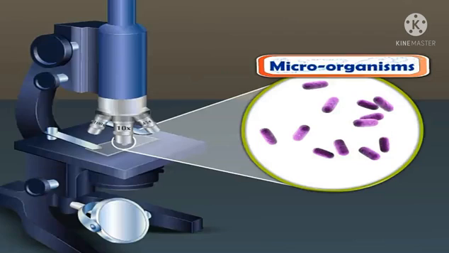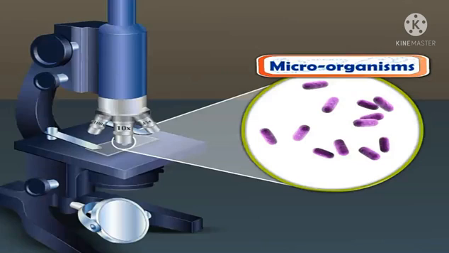Now students, we will learn a new term, that is microorganisms. Now what is micro? Micro means very small, and organism means a living thing, and microorganism means a living thing that cannot be seen by the naked eye or even with a magnifying glass.